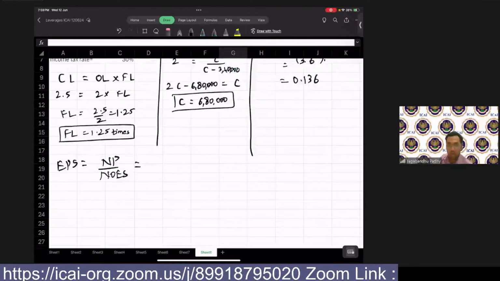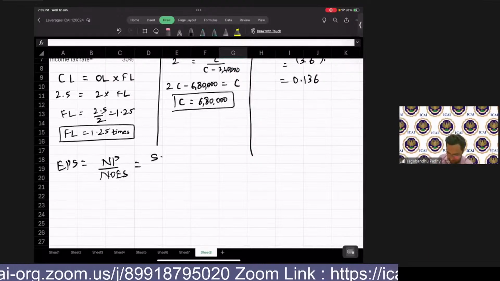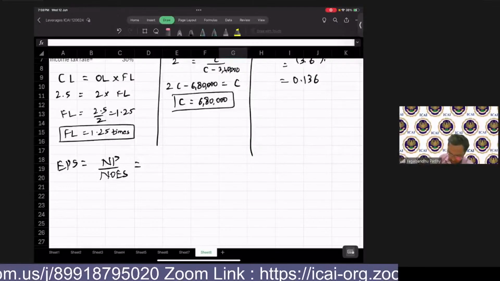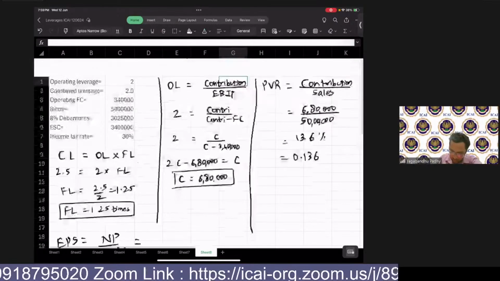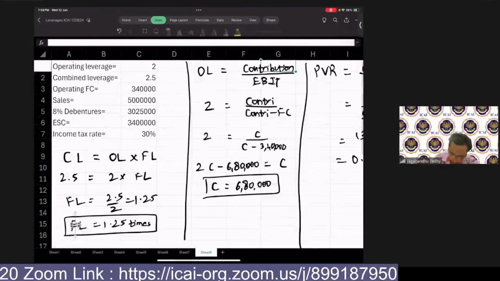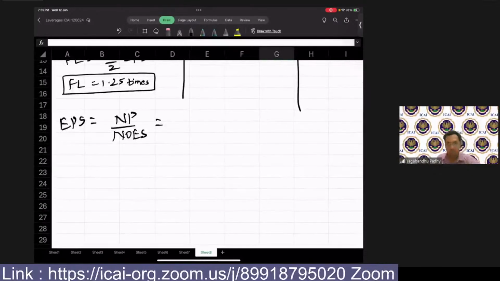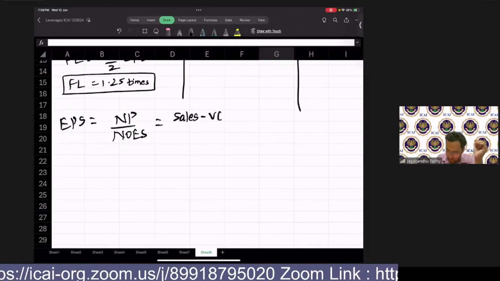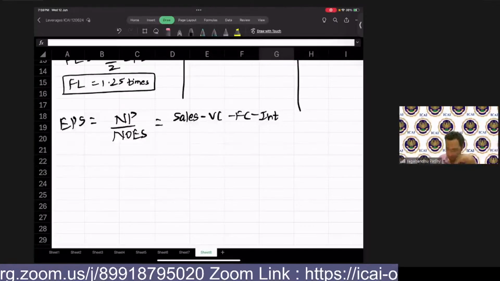Since we have no sales figure, net profit will be simply contribution minus fixed cost. From the sales, we are going to reduce the costs.